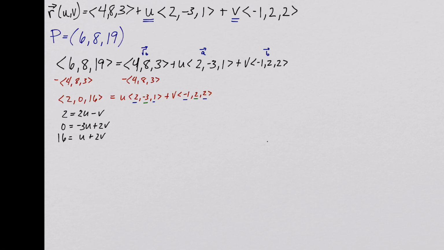So I've got a system of 3 equations with 2 unknowns, so I just need to pick any 2 equations I want to solve for u and v. So I'll solve 2, and then I'm going to check my solution here.